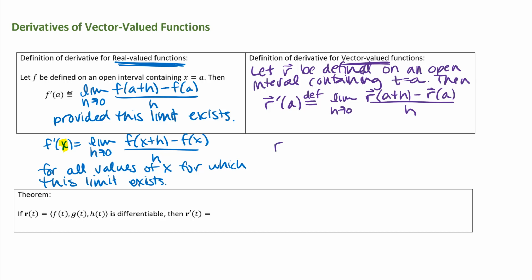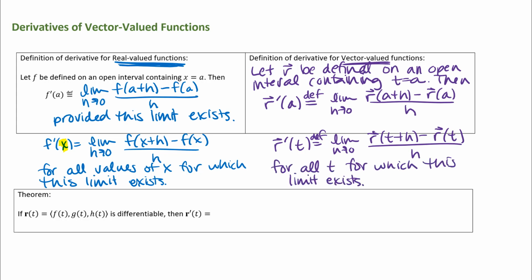And then we can also define r prime of t to be the limit as h approaches 0 of, more generically, at all values of t for which this limit exists, r of t plus h minus r of t all over h. Okay, so in thinking about what that tells us in terms of finding derivatives of vector-valued functions, we know that limits of vector-valued functions are done component by component.